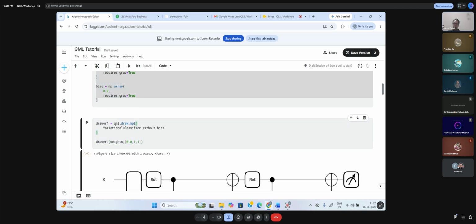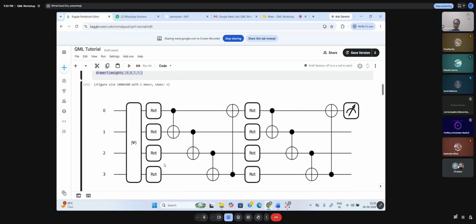Drawer, qml.draw_mpl. This is how your circuit looks. So this is layer number 1, this is layer number 2, and we have rotations present in it. Okay, rotation circuit, four inputs you are already given.